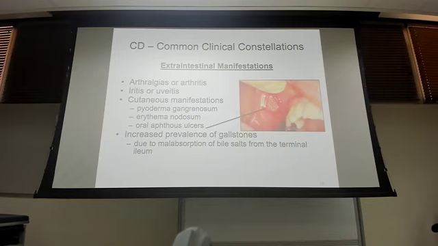Extraintestinal manifestations, as I said, they're all on that chart that I mentioned earlier in the lecture, but you can get arthralgias and arthritis, iritis or uveitis, so inflammation of the eye, the uveitis being the middle layer of the eye.